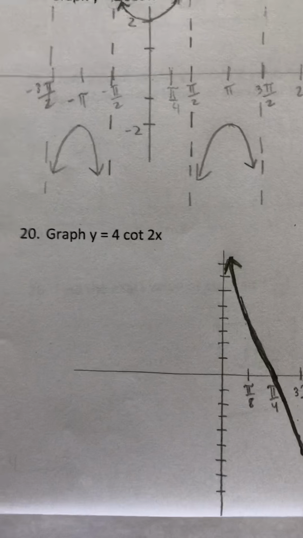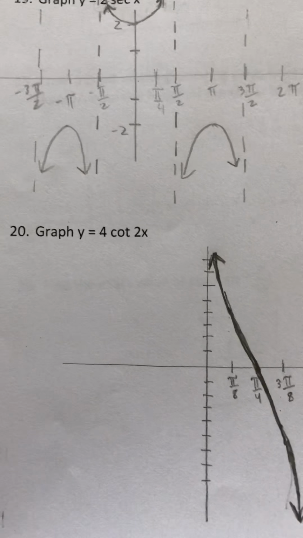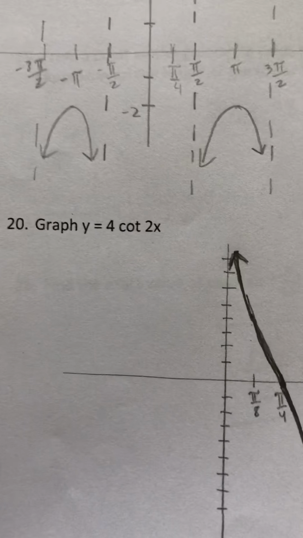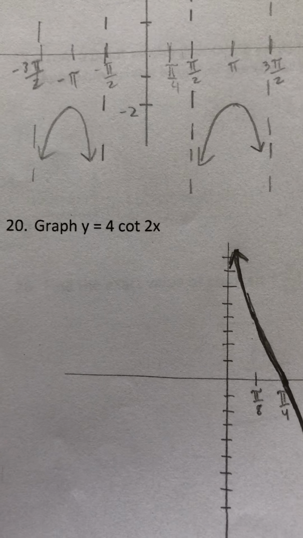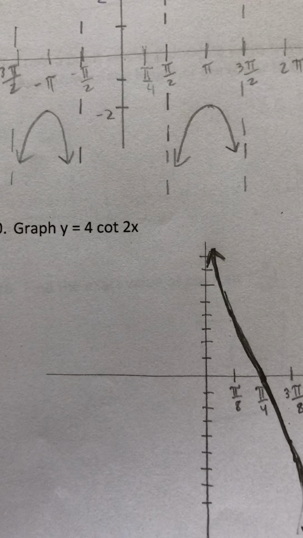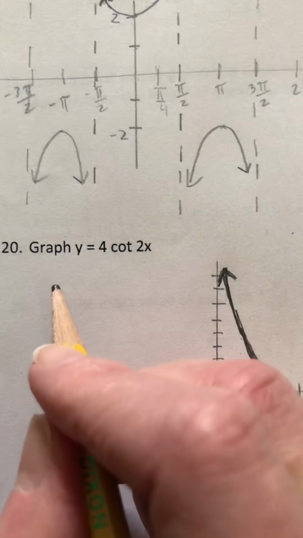All right, for the last graph on this page, y equals 4 times the cotangent of 2x. The cotangent is the reciprocal of the tangent. So it would be x over y.